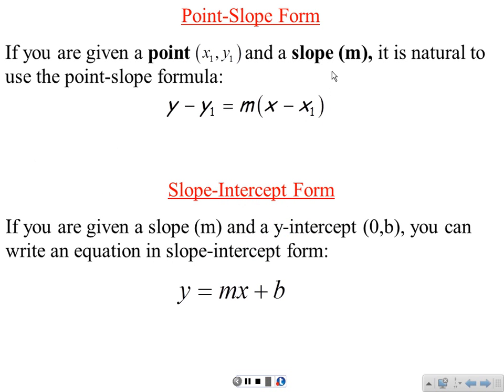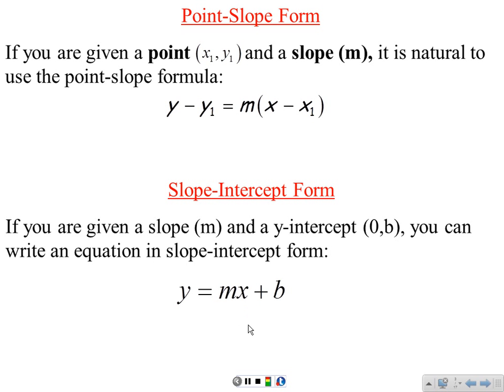Okay, so point-slope form. If you're given a point and a slope, it's natural to use the point-slope formula because that's what it's called. Slope-intercept form: if you're given a slope and the y-intercept, it has to be the y-intercept, you can write an equation in slope-intercept form, y equals mx plus b.